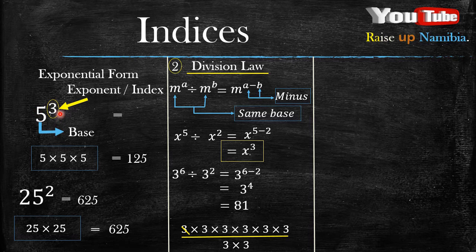Like this 3 meant 5 is multiplied by itself 3 times. Now it's the same here. 6 means 3 is multiplied by itself 6 times. That's why we have 3, like 1, 2, 3, 4, 5, 6. Now, divided at the bottom, this 2 means 3 multiplied by itself 2 times, so we have 3 multiplied by 3.